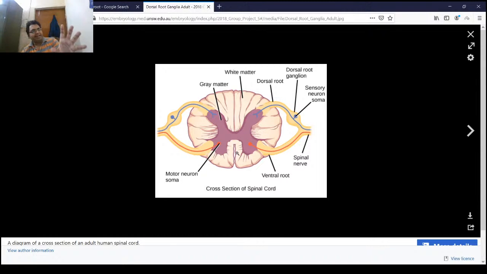This kind of diagram is present in your NCERT and also in your reference books. But the explanation is absent, though all these things are written. The entire reflex arc is drawn, but the explanation is quite uncertain and will only perplex you to a level, but the diagram is completely present.